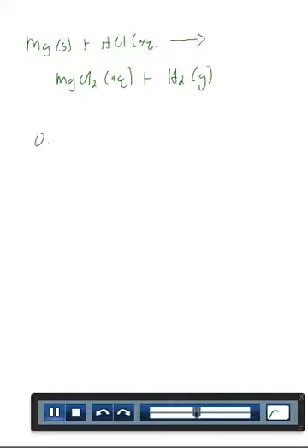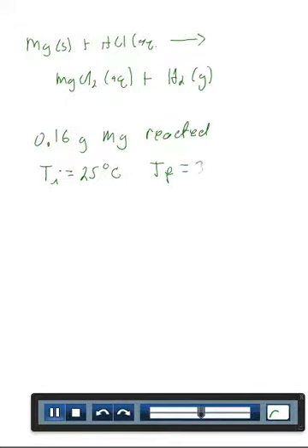And so we take 0.16 grams of magnesium reacted in the solution, and we find the temperature change goes from 25 degrees centigrade to a final temperature of 32.2 degrees centigrade.